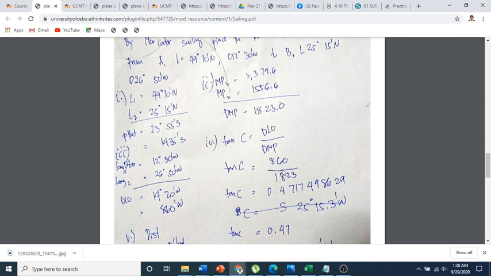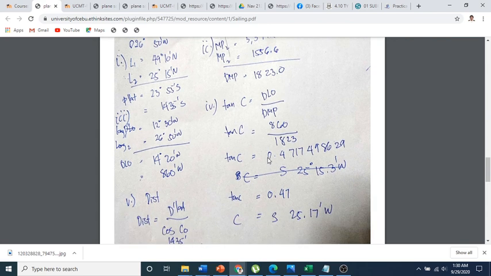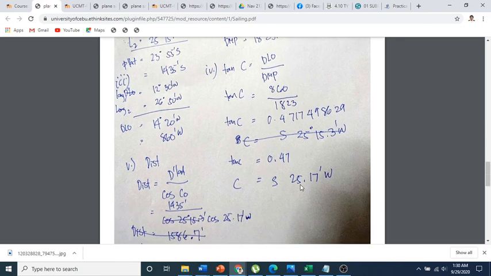D-long is 860, DMP 18263, so that equals this number, and then you shift tan negative, you will arrive with this answer, 25.1 minutes and quadrantal course.